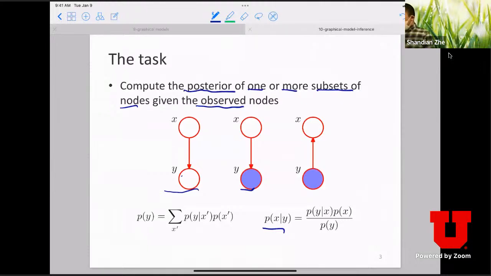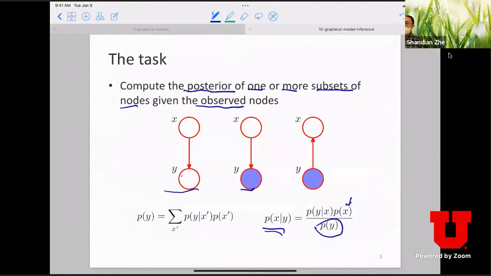According to Bayes' rule, this conditional probability is the joint probability P of x times P of y given x, divided by the marginal probability of y. The joint probability is relatively easy to compute, because when we specify the graphic structure, we know the joint distribution should be decomposed in this way.